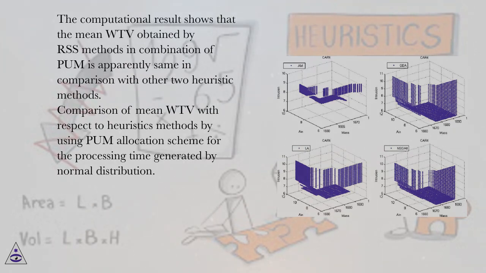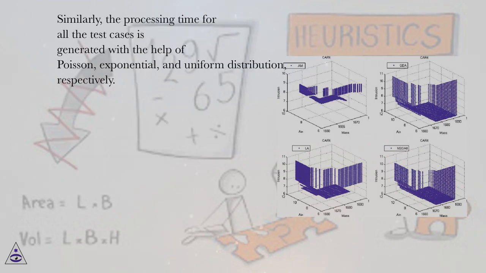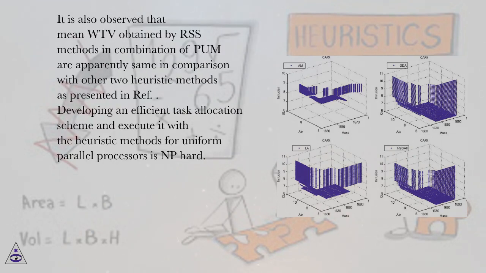Comparison of mean WTV with respect to heuristic methods by using the POOM allocation scheme for the processing time generated by normal distribution. Similarly, the processing time for all the test cases is generated with the help of Poisson, exponential, and uniform distribution, respectively. It is also observed that the mean WTV obtained by the RSS method in combination with POOM is apparently the same in comparison with the other two heuristic methods, as presented in Ref.